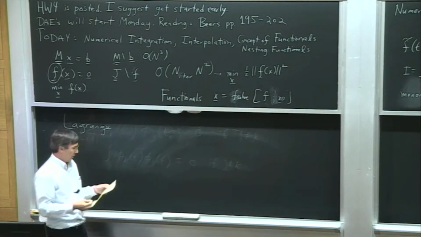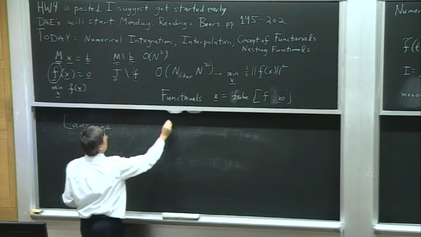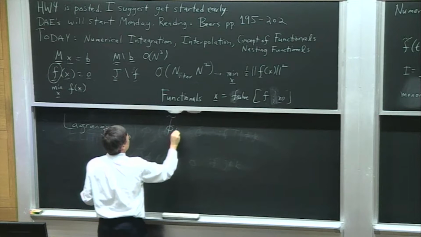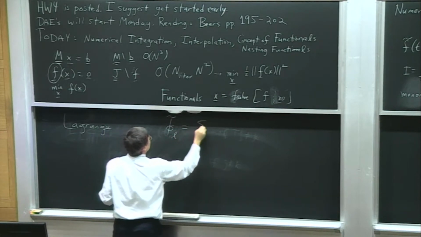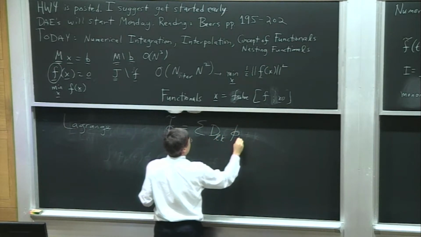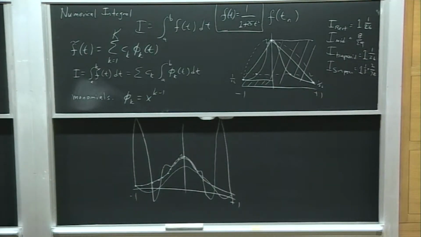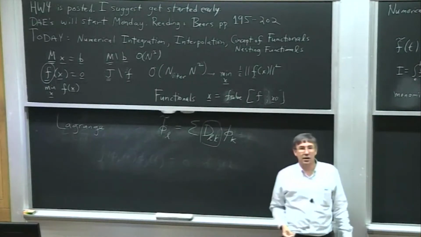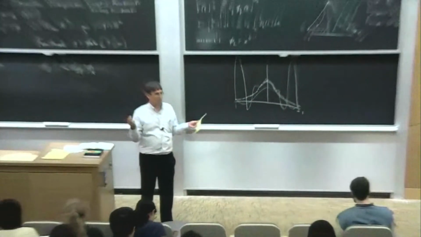They're given in the book. But what they really are is I'm taking the monomial basis set and I'm making a new basis set. So I want phi L to be equal to the sum d_Lk of phi k, where this phi k is the monomials. Okay, so really you can choose any d you want. You're just taking linear combinations of the original monomial basis set to make up polynomials.